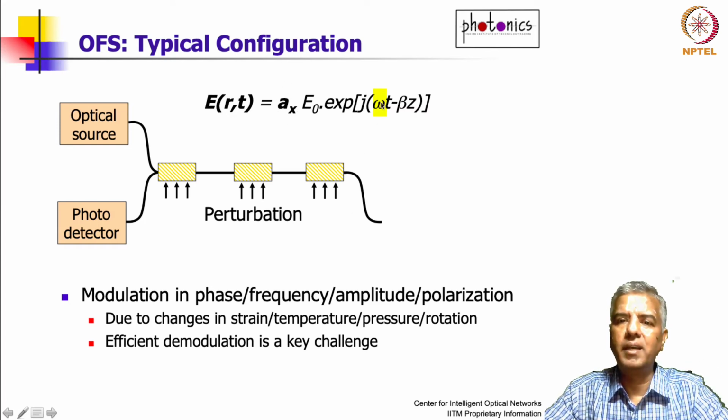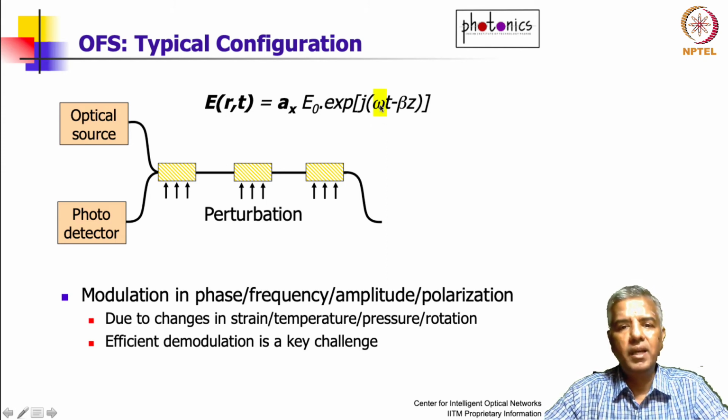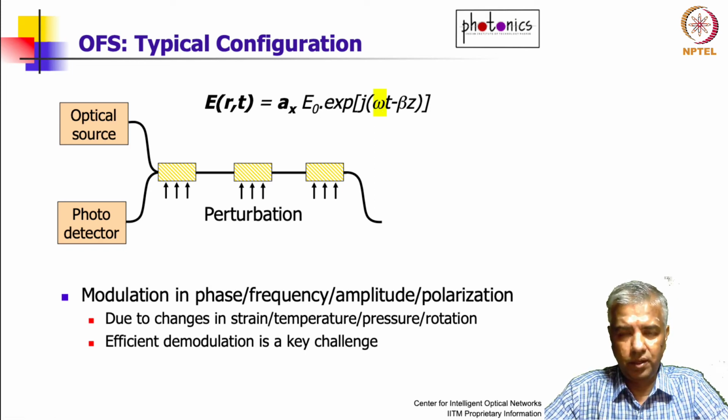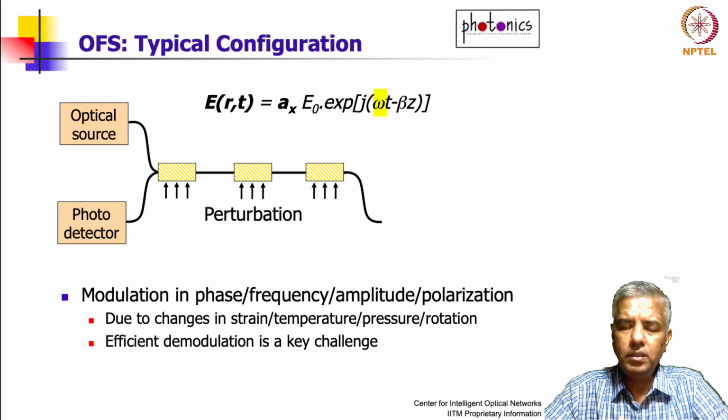Now it's time to consider changes in frequency. And I've highlighted this for a good reason. Frequency modulated sensors are going to be one of the most rugged sensors that you will find.